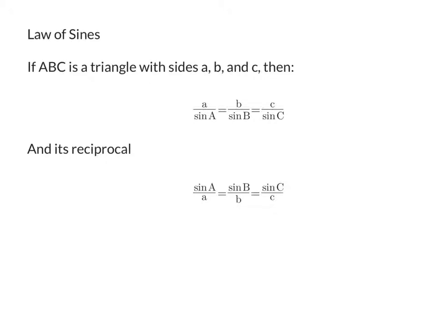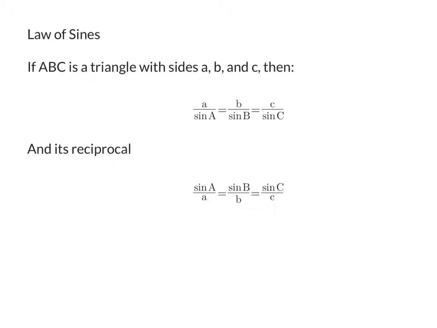So in law of sines, this is our formula. It says if triangle ABC has sides a, b, and c, then side a over sine of angle A equals side b over the sine of angle B, which is also equal to side c over sine of angle C. And of course, you wouldn't use all three at the same time.